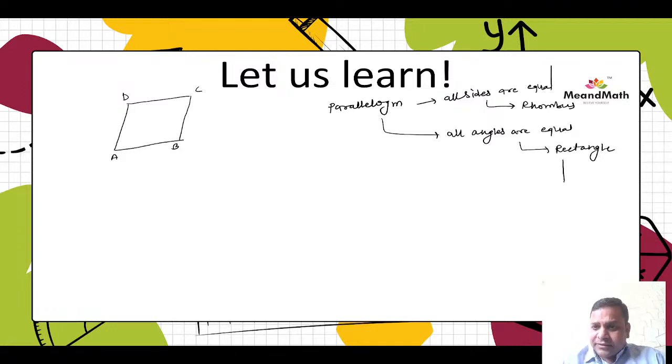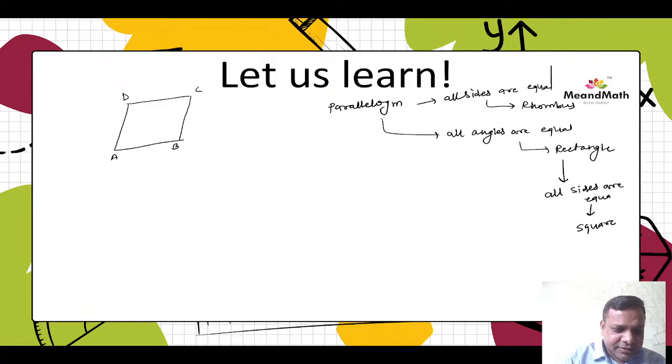And if in a rectangle all sides are equal, it is known as a square. So in a square, all sides are equal, all angles are equal. In a rhombus, all sides are equal. In a rectangle, all angles are equal.